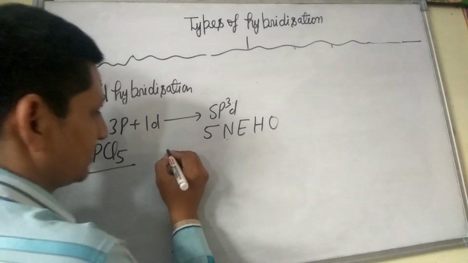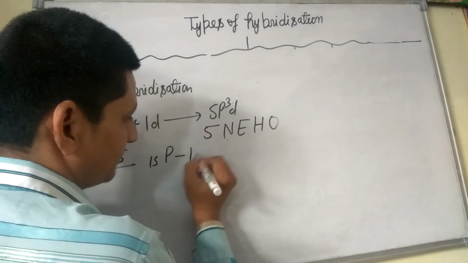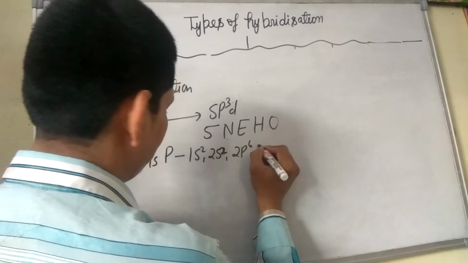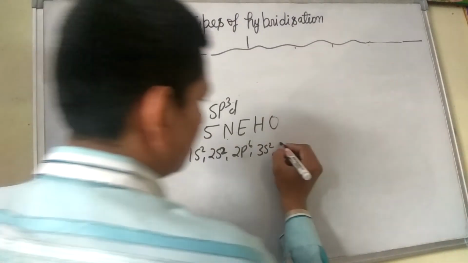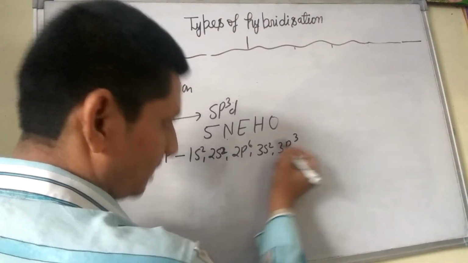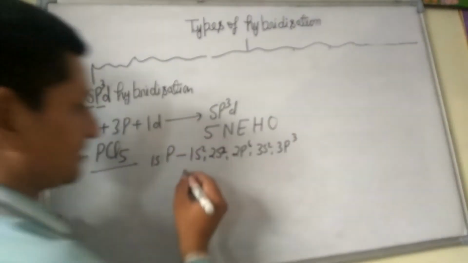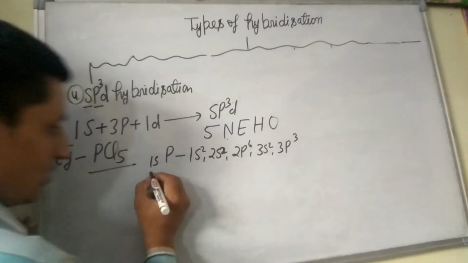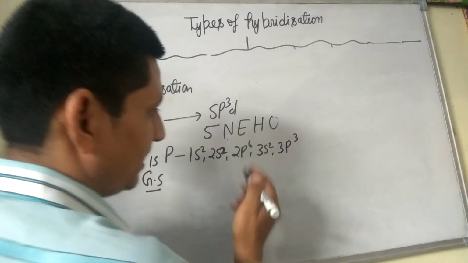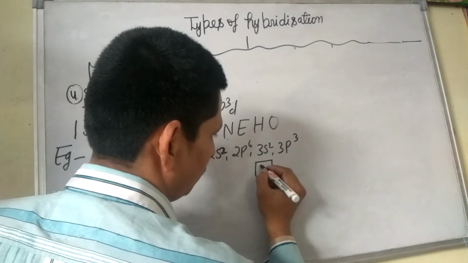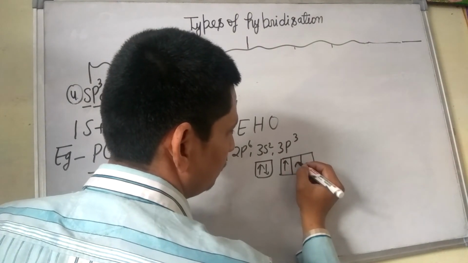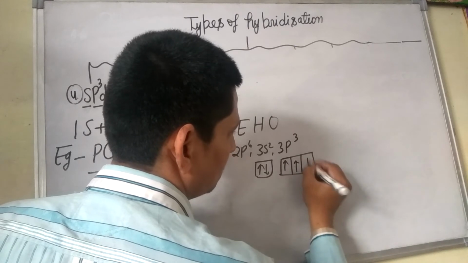Atomic number of phosphorus is 15. Electronic configuration 1s2, 2s2, 2p6, 3s2, 3p3, that is 2, 4, 6, 10, 12, 15. After this, in the ground state, we fill electrons in the outermost orbitals as 3s 2 electrons, 3p 3 electrons, and d empty.